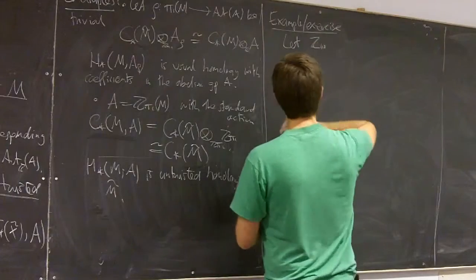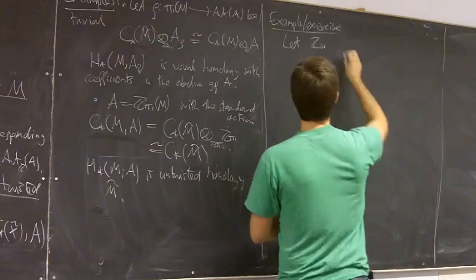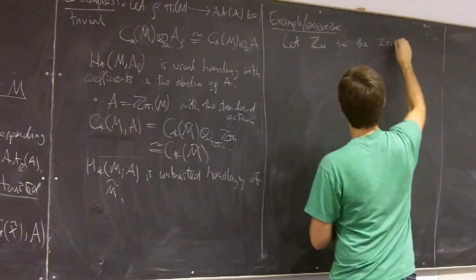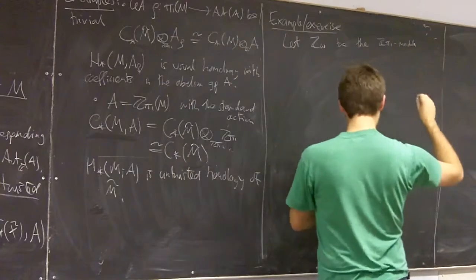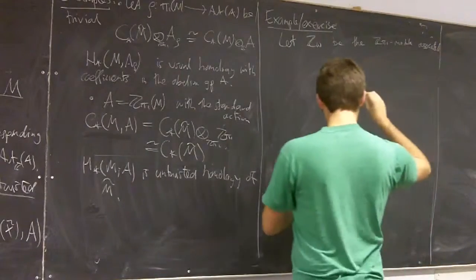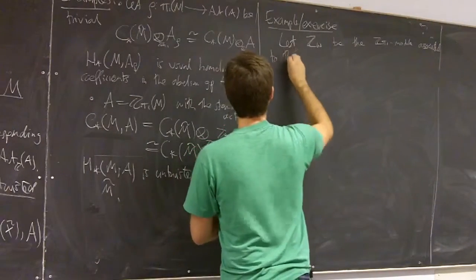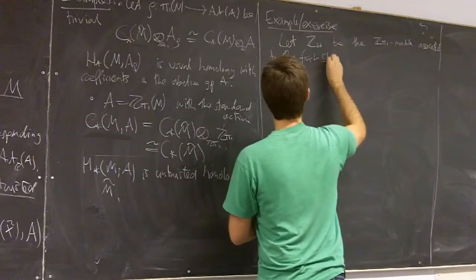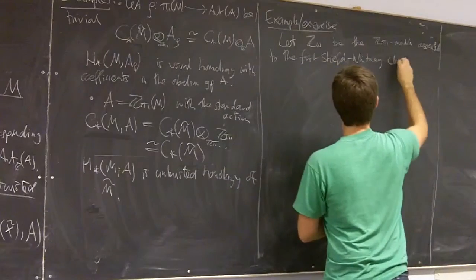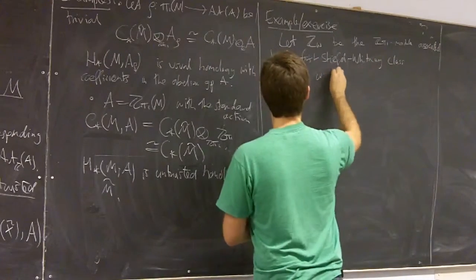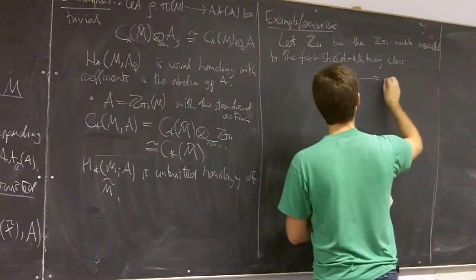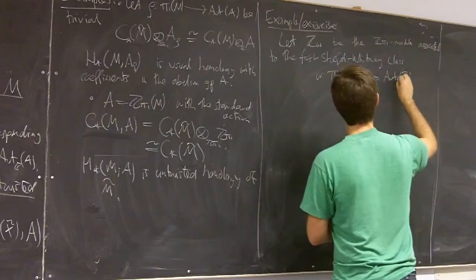I'm going to let Z sub W denote the Z pi 1 module associated to the first Stiefel-Whitney class. Now remember, that was a homomorphism from pi 1 to plus or minus 1, which is the automorphisms of the integers.